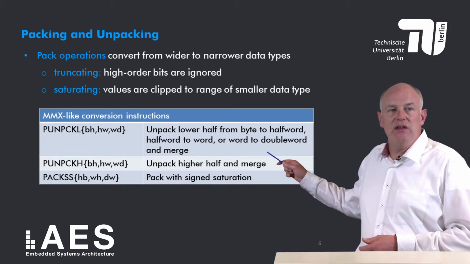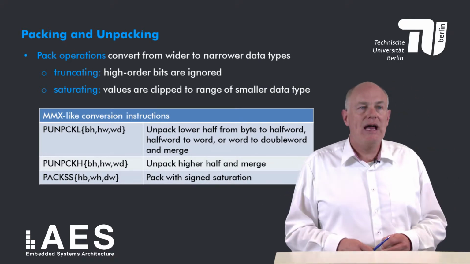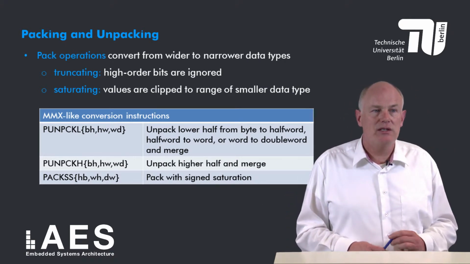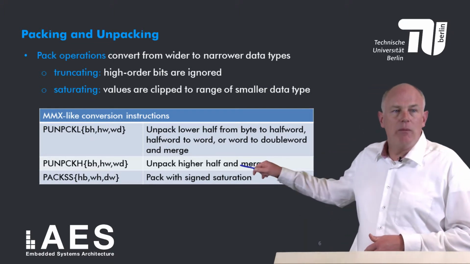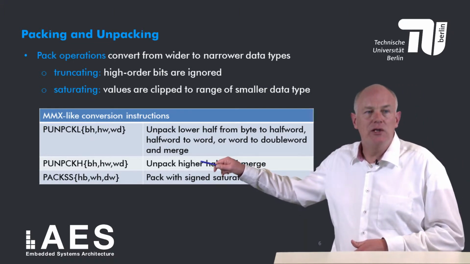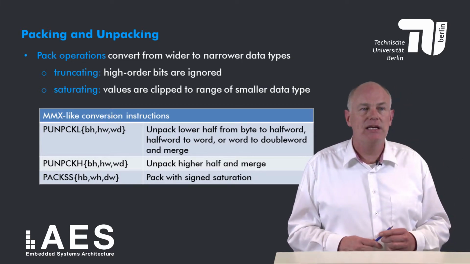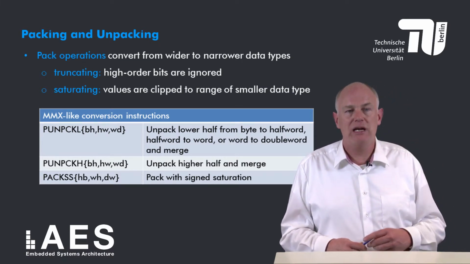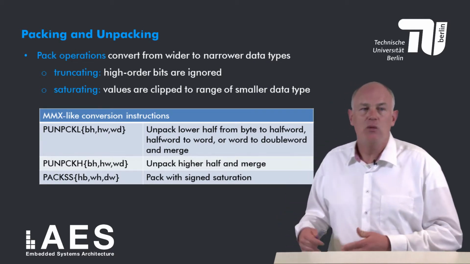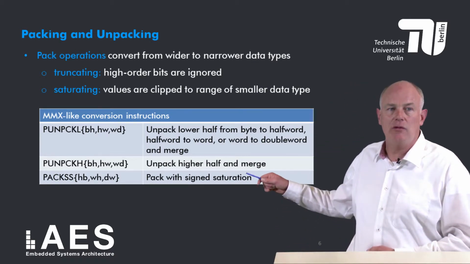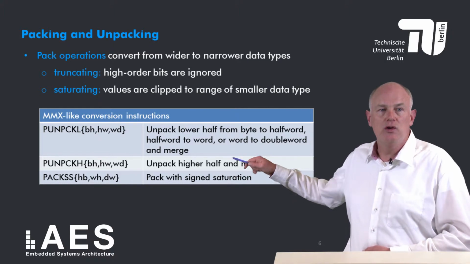Here I present in this table several MMX-like conversion instructions. Unpack from byte to half word, to word. Remember that Intel processors normally call a 16-bit quantity a word, but I assume the MIPS terminology, which calls a 16-bit quantity a half word, to word, to double.